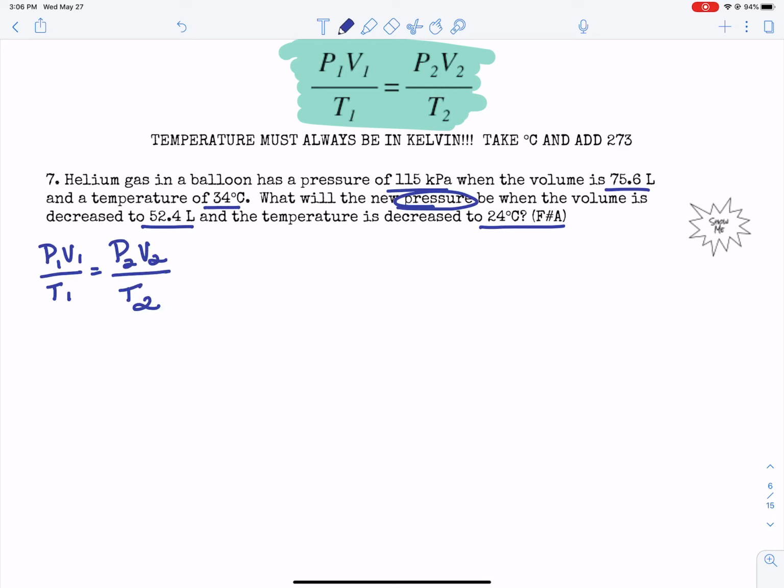My original pressure is 115 kilopascals, kPa. My original volume is 75.6 liters. My original temperature is 34 plus 273, or 307 Kelvin.